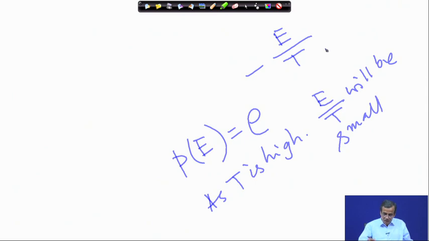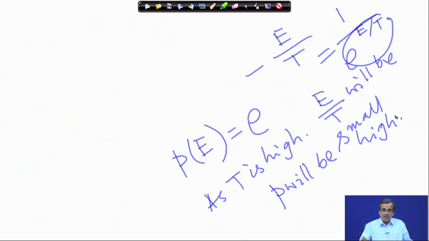If E by T is small, this is nothing but 1 divided by E raised to the power E by T. So, E by T is small, means this particular amount is small. So, this probability value will be high. That means, at a high value of T, the probability will be high.